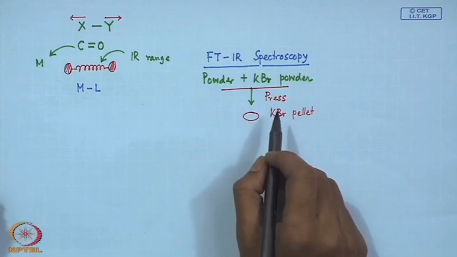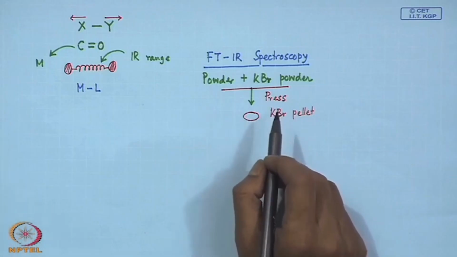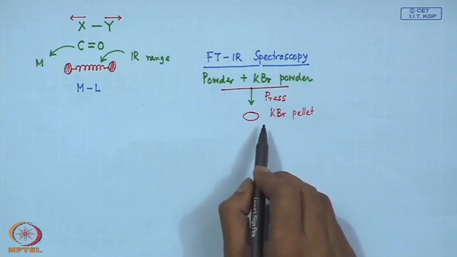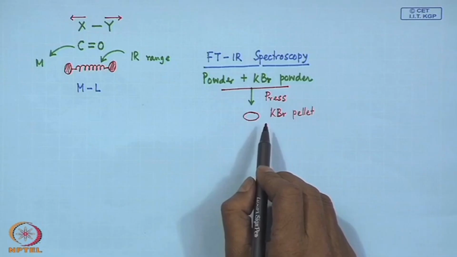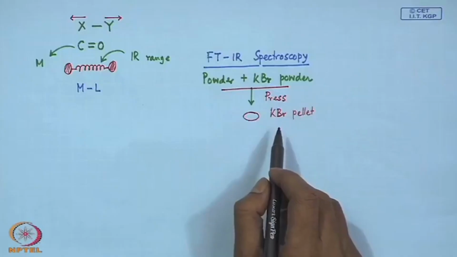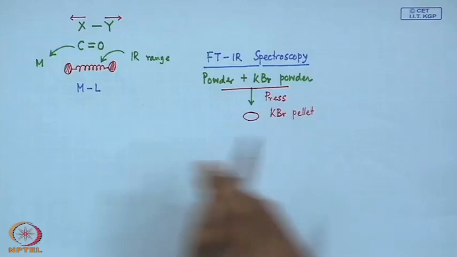If our sample is not robust or strong enough to support this process for recording the FTIR spectrum, it is not suited for measuring the spin transition and the spin crossover phenomenon.